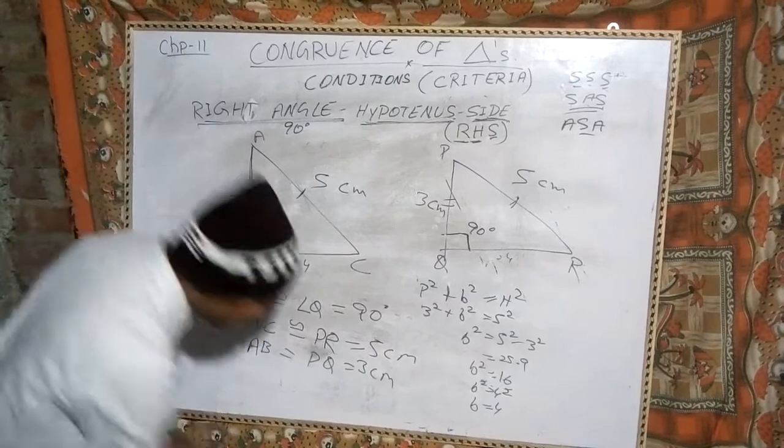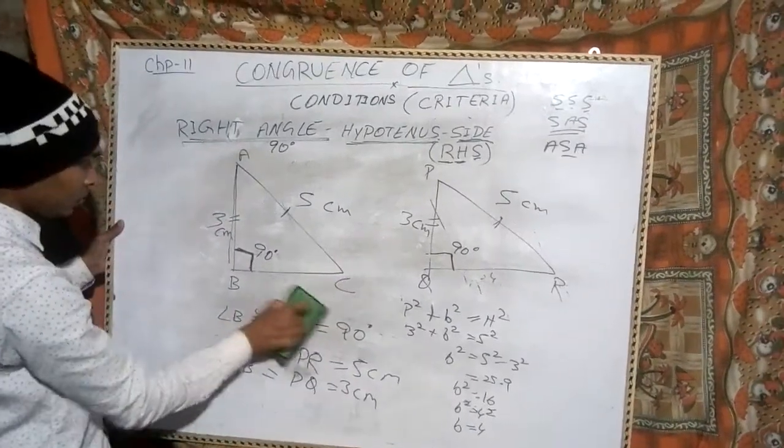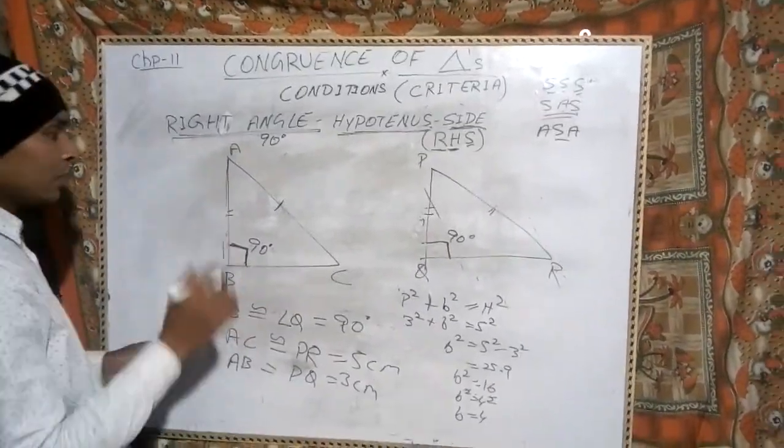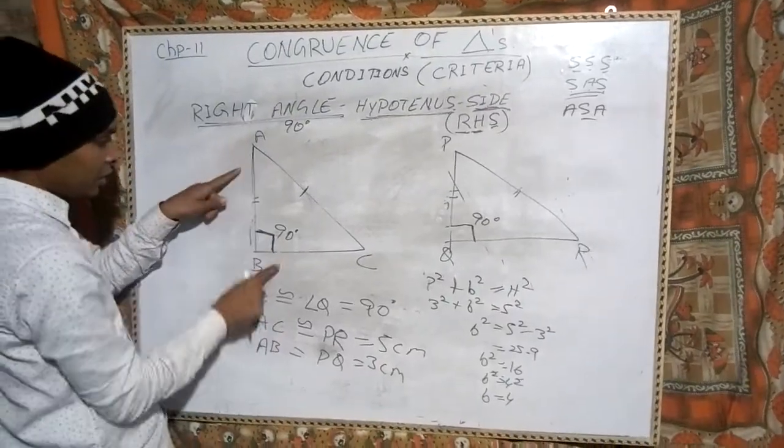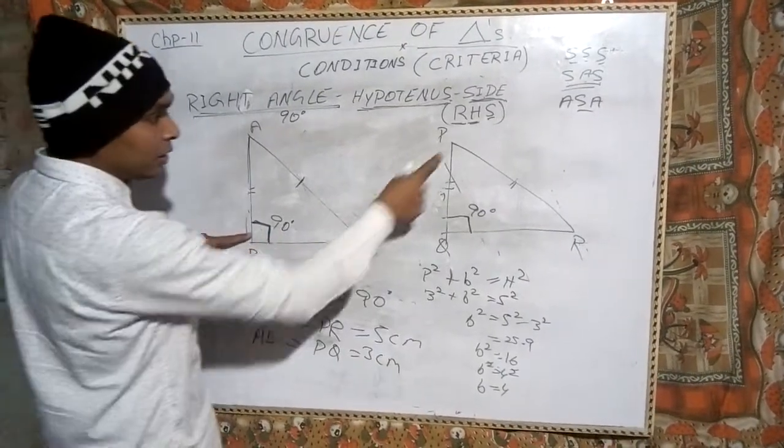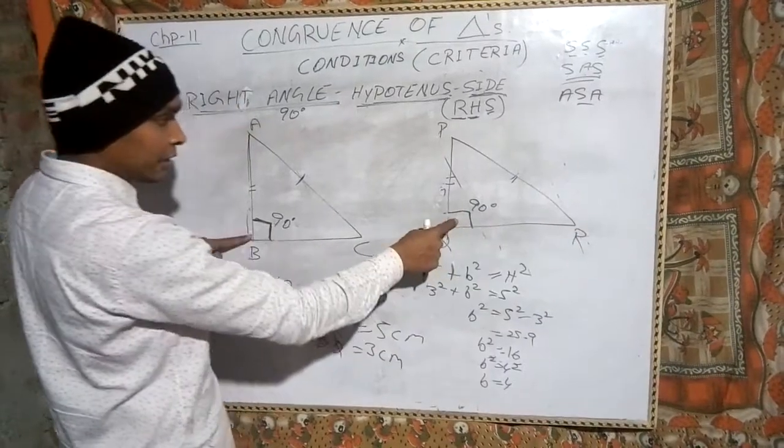Take another example. Again triangle ABC, a right angle triangle, and triangle PQR, again a right angle triangle.